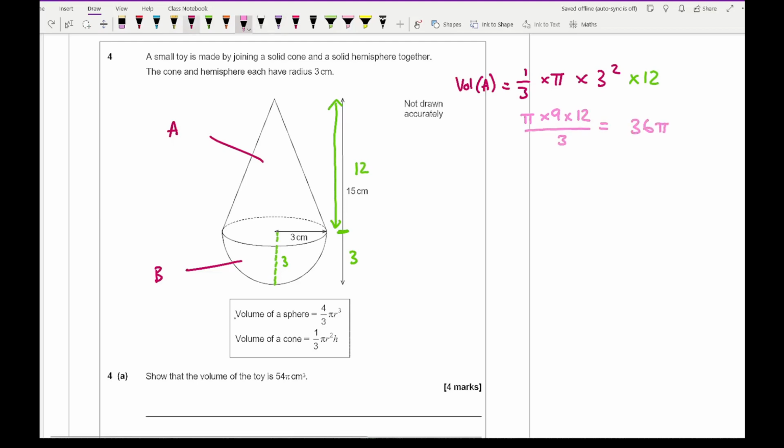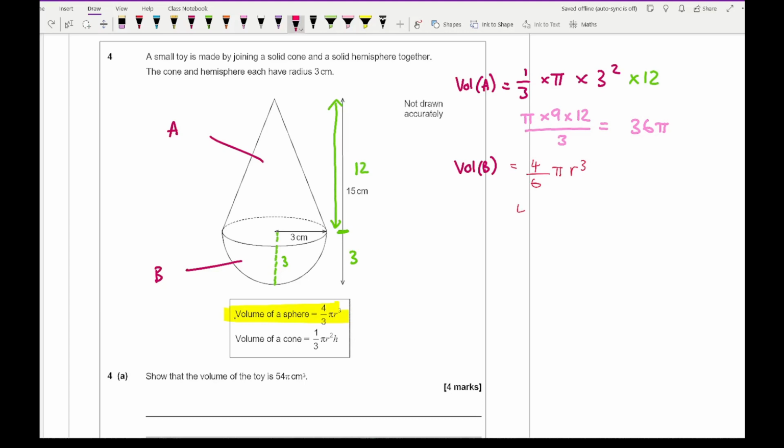Then if I work out the volume of B, which is a hemisphere, note how the formula gives me the volume of a sphere, so the volume of a hemisphere would be 4/6 pi r cubed.